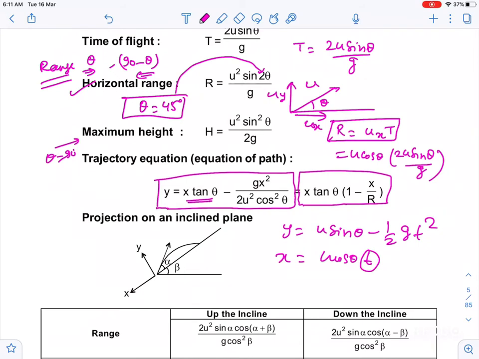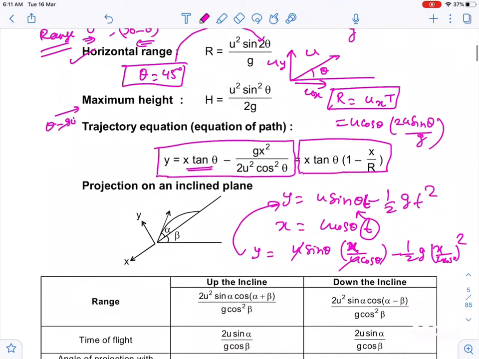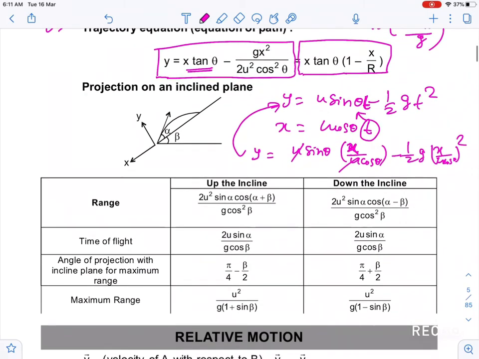When you substitute the value of t, t equals x by u cos theta, you get y is equal to u sine theta into x by u cos theta minus half g into (x by u cos theta) whole square. So you get the same result: because u cancels, y equals x tan theta minus half g x square upon u square cos square theta.